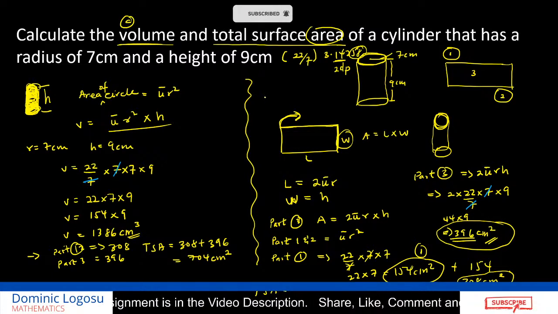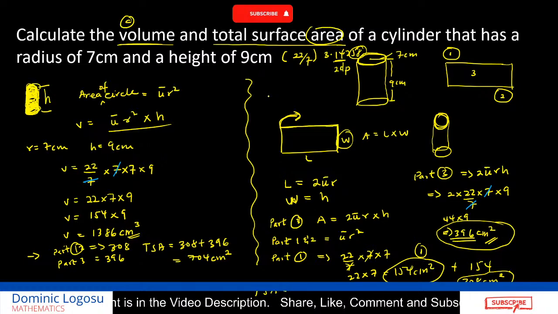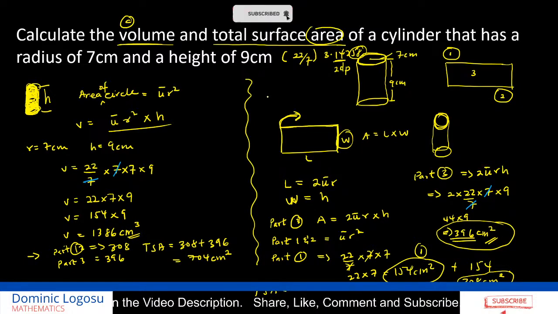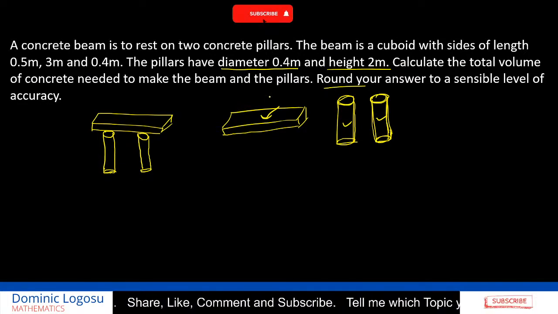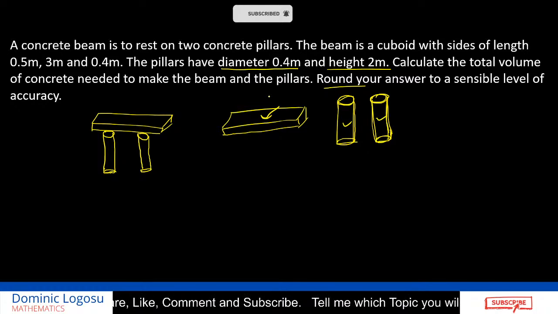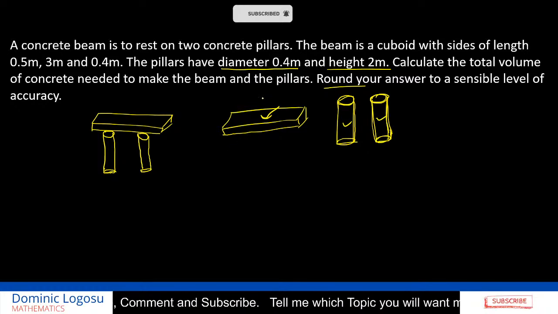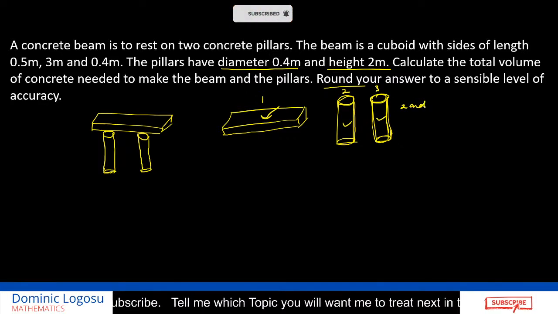So all we need to do is concentrate on finding one of those 2, and then we can quickly multiply by 2 to get the answer for the 2 pillars. So this is part 1, and then part 2, and then part 3. Remember, part 2 and 3 are the same.